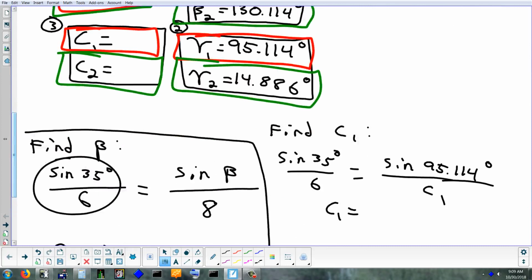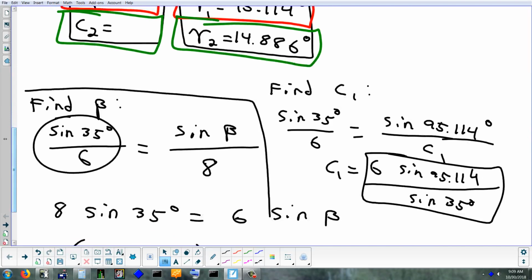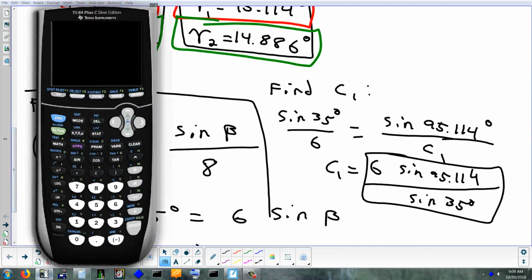Okay, so when we cross multiply, we're going to have 6 times the sine of 95.114 equals C1 times sine 35. But then we would have to divide by sine 35 to get C1 alone. Okay, so there's our answer for C1.